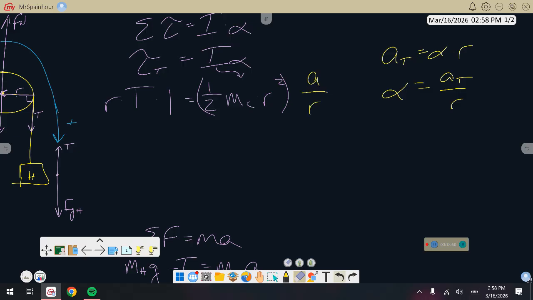Now, I still have two unknowns, right? I still don't know T, and I still don't know A, but are these the exact same two unknowns? Yes. Okay, also let's talk about simplification in this equation real quick. This is what again? Radius. Radius, lever arm, but yes, it's the radius. And this, by definition, is the radius.